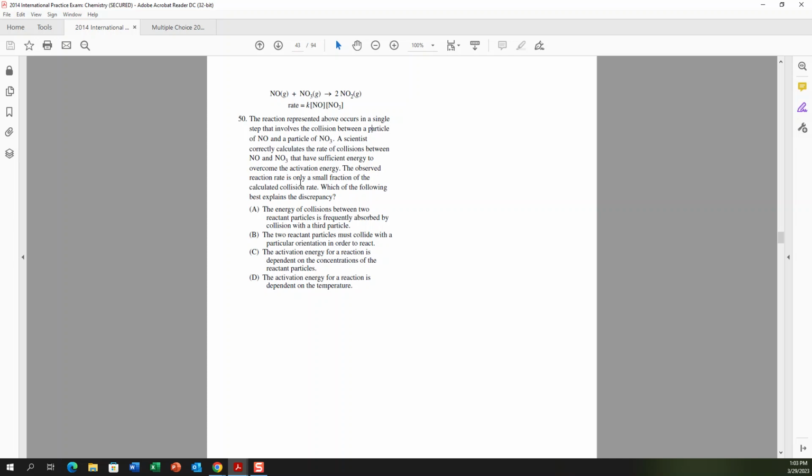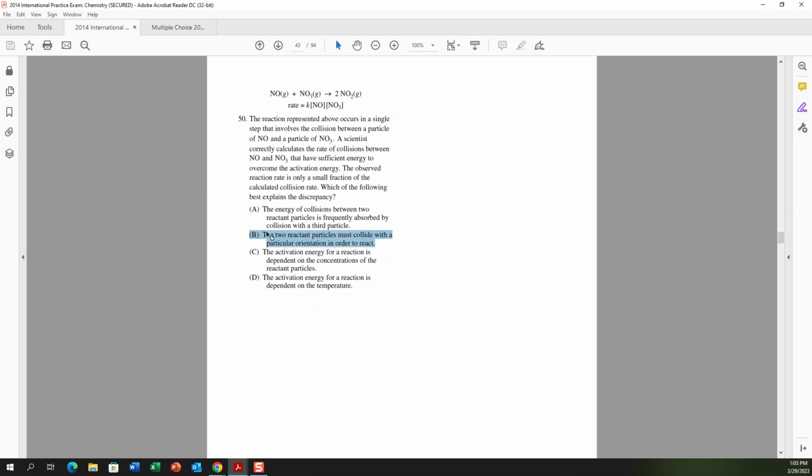The observed reaction rate is only a small fraction of the calculated collision rate. Which of the following best explains it? Because just because it has the right energy doesn't mean the collision has the right orientation. So the scientist here didn't account for proper orientation. So the two reactant particles must collide with a particular orientation in order to react.